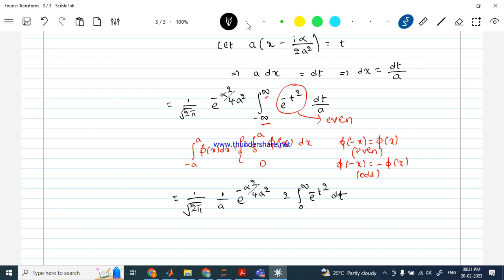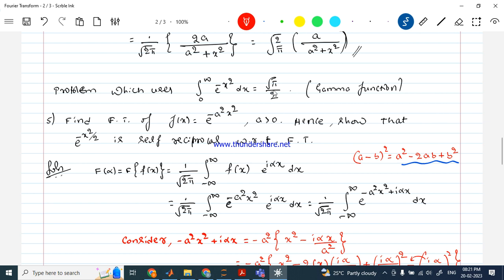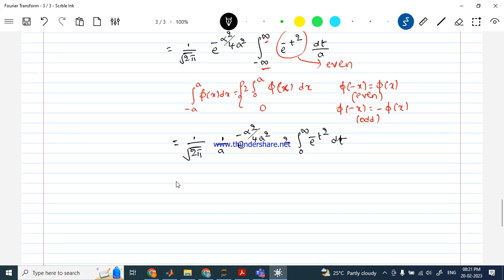And we know the value of this integral is square root pi divided by 2. Let me substitute that. So it is 1 by a square root of 2 pi, e power minus alpha square by 4a square, into 2 into the value of this integral, square root pi by 2.